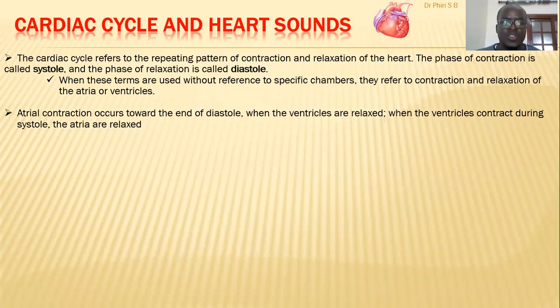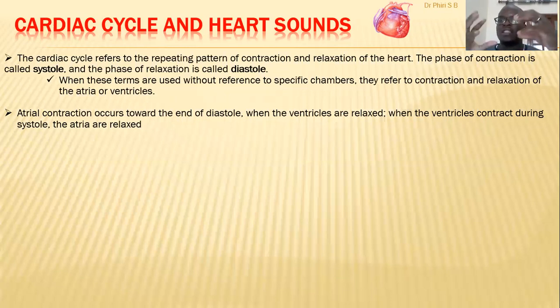The atrial contraction occurs towards the end of diastole. So when the atria are contracting, it means that the ventricles are relaxing. So the atrial contraction is taking place at the end of ventricular diastole. When the ventricles contract during systole, the atria are relaxed.